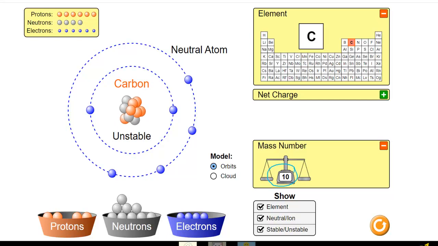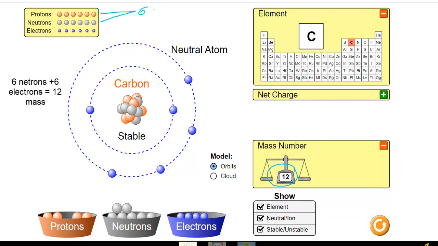Now it's unstable because we have only 1, 2, 3, 4 neutrons. We need to add more. 5, 6 neutrons. Now it is stable. So now we know that carbon's mass number can be 12, 6 plus 6, 6 protons plus 6 neutrons.